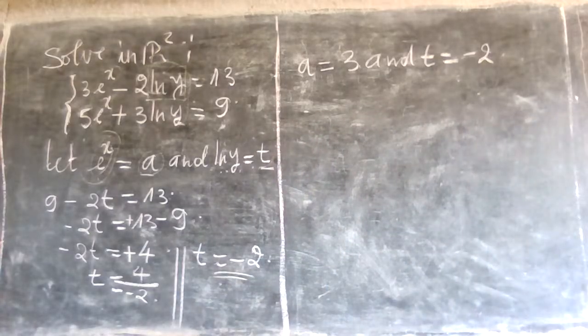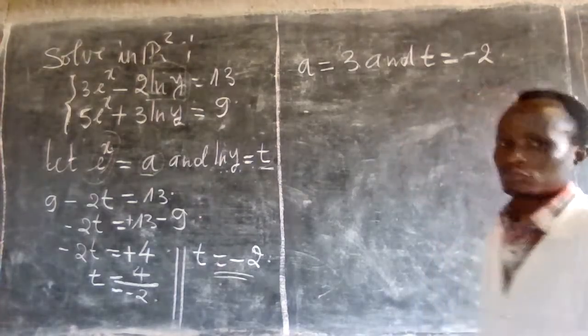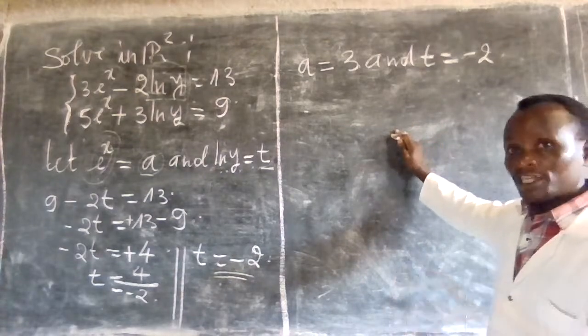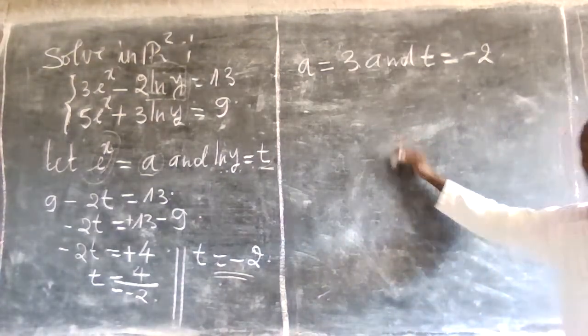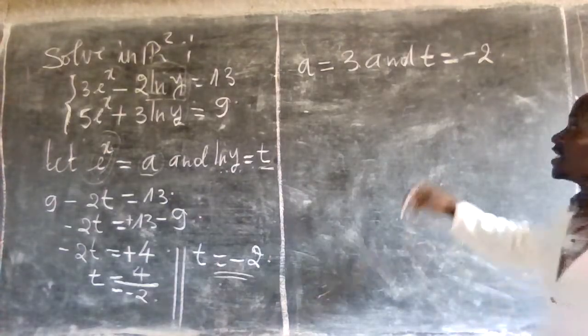You see? That is what we are going to do there. Please, you have to follow. So here, if you have seen in those two roots, if there is any root which is negative, there you have to reject that root.